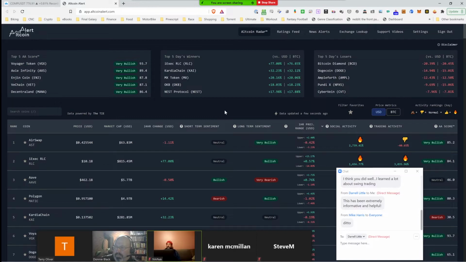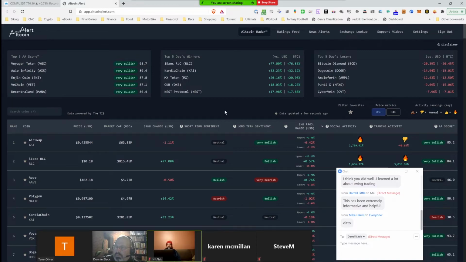Exchange tokens, like your KuCoin shares, your BNB, your FTT, and Huobi token, HT, if those are all performing well and Bitcoin is performing well, but they're doing better than Bitcoin, then those are the thing.